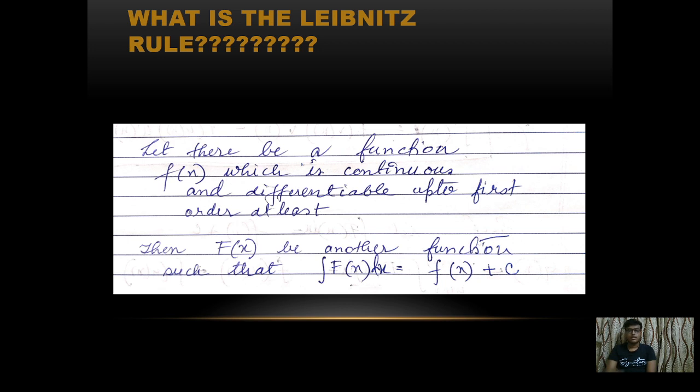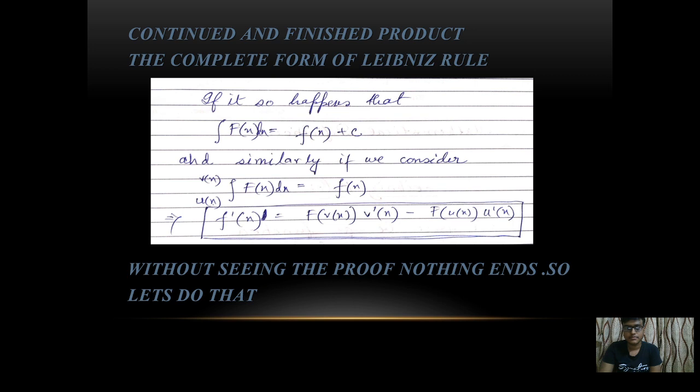Then f dash x should be equal to capital F of x. That means f dash x should be at least differentiable up to first order, and if it is differentiable up to first order, then it should be continuous. So it follows from there. Nothing new to it, but a very important aspect.